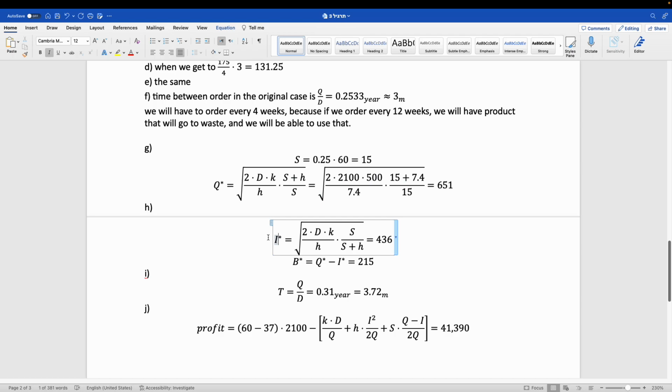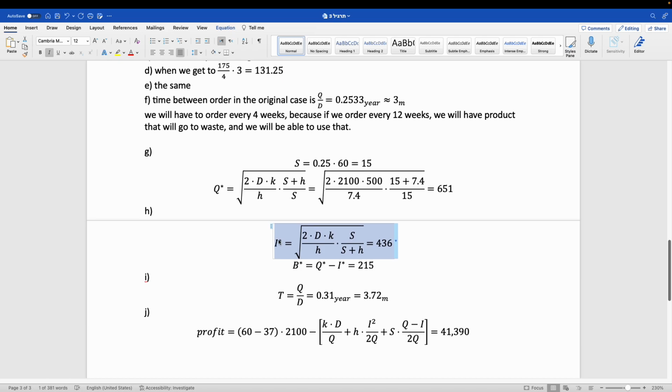The shortage amount is 215, so we will have in stock 436, because we first fulfill the shortage we had, and then the rest is in our stock.